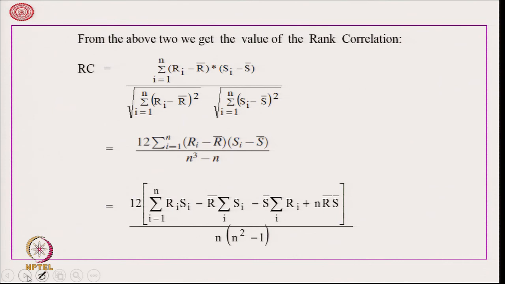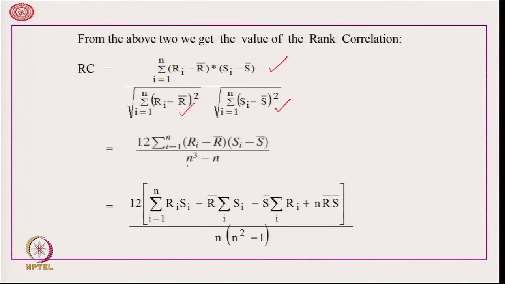Therefore, when we put these values in the formula for rank correlation, what do we get? The sum over i from 1 to n of (R_i - R bar)(S_i - S bar), divided by their standard deviations.